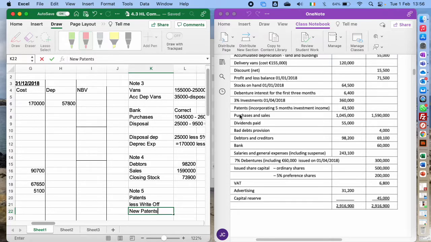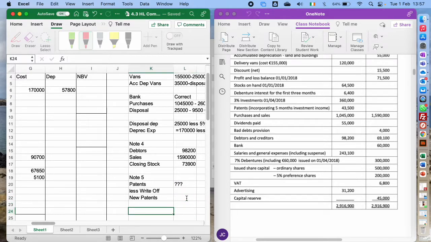Now, it says here patents including 5 months investment income. So I need to take out that investment income to end up only with the patents. So this number here, I'm just going to put a question mark because I don't know what it is. So what I need to do is take out my investment income.